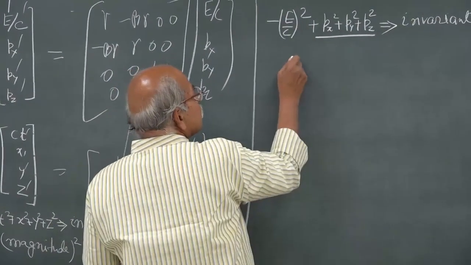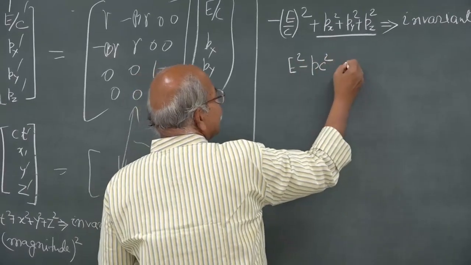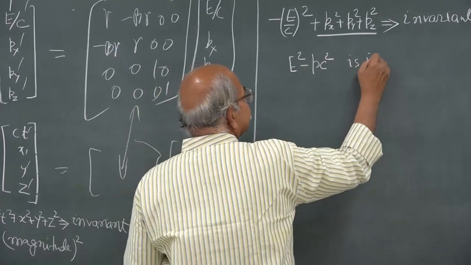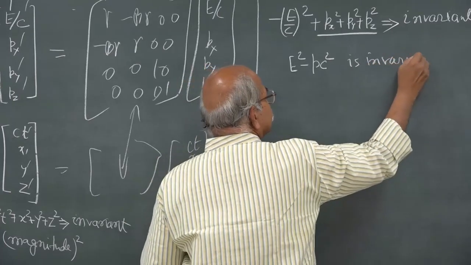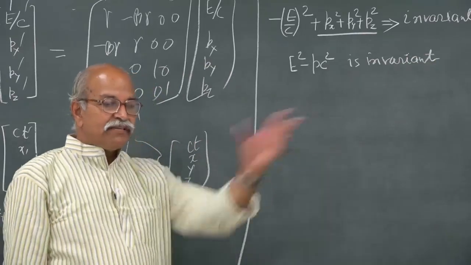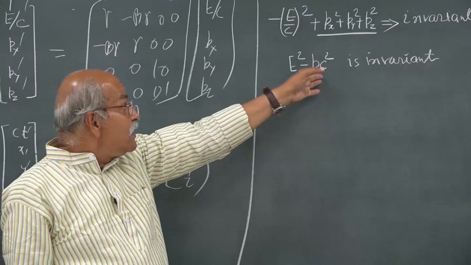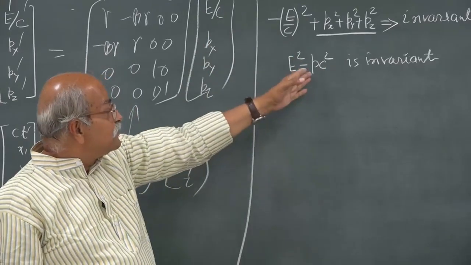Hence E square minus P square c square is invariant. So when you change frame, this will not change. And for one particle it does not change.